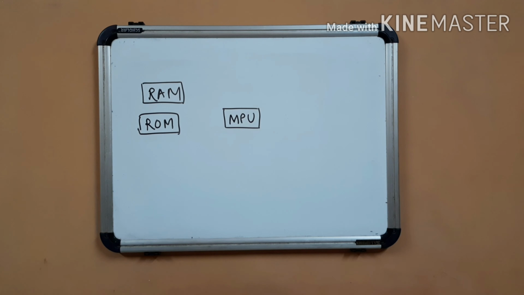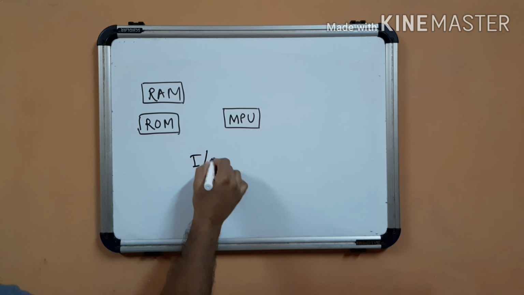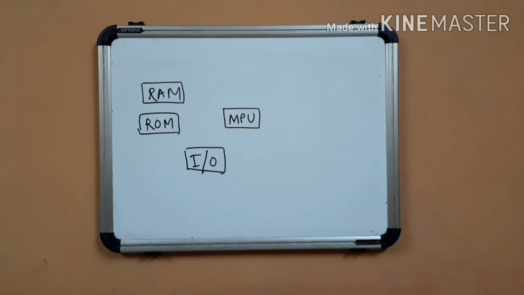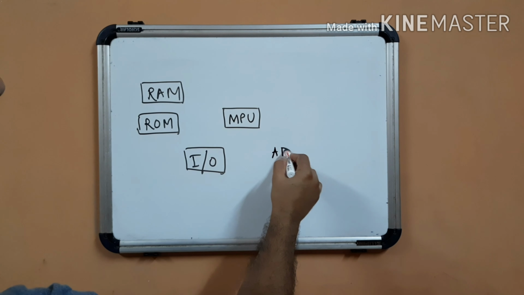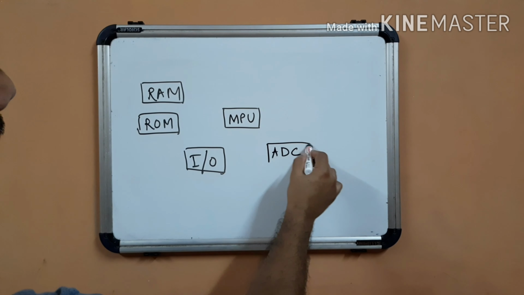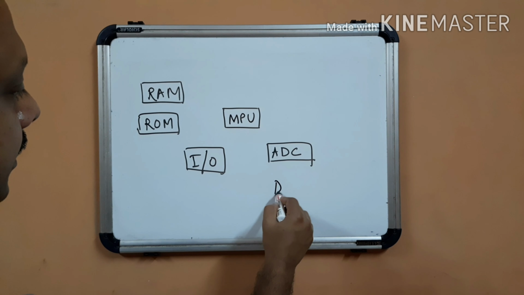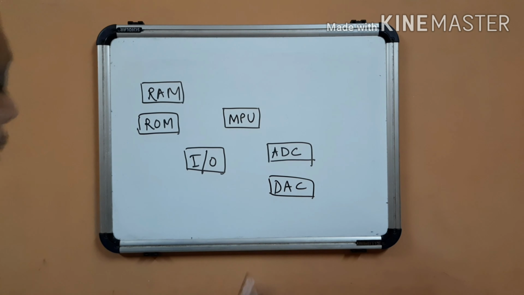We wanted some input and output because we wanted to control something and take some inputs. We could have some analog inputs or outputs, so we need an analog input device called an A to D converter, analog to digital converter. We needed a DAC, a digital to analog converter.